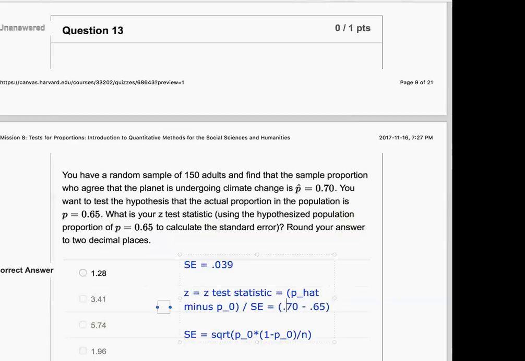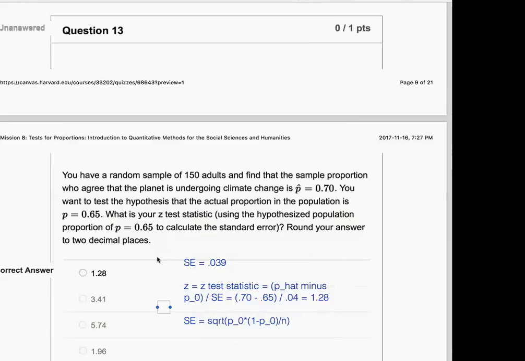I think I have a different order, but it doesn't really matter. The difference of two variables doesn't depend on their order. Then you divide that by the standard error, which is 0.04, so that should equal roughly 1.28. That's how you get the z-test statistic. That tells you that they don't really vary that much from each other.